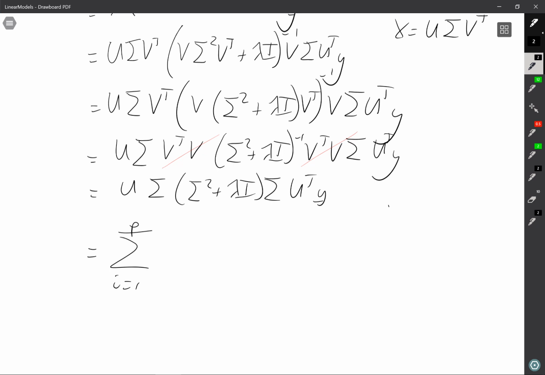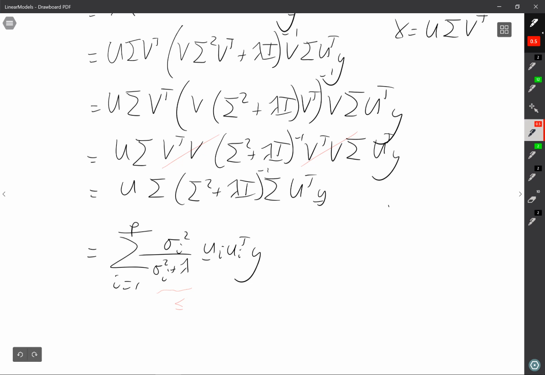Well, I forgot the minus 1. If you think about this, this is going to be the same form as we had before, u_i transposed y, but the coefficients here are going to be the singular value squared over the singular value squared plus lambda. Okay, so just note this term here are all less than or equal to 1. So they are shrunk towards 0.